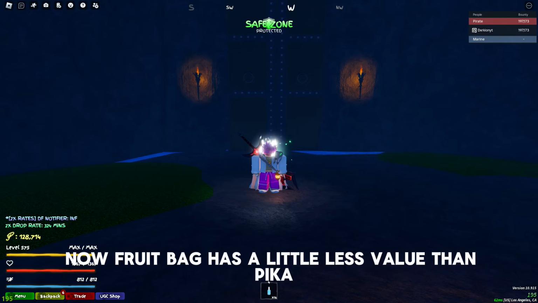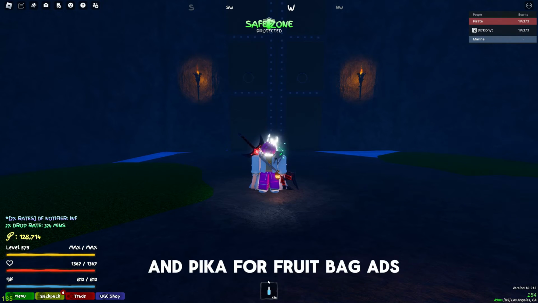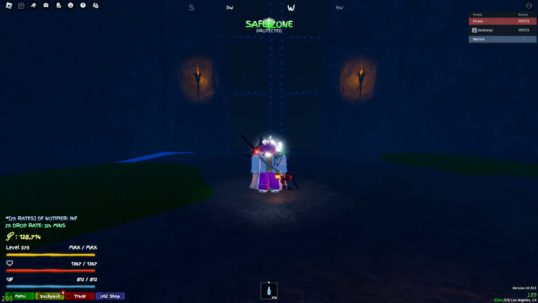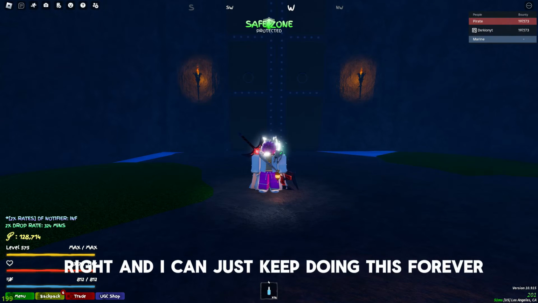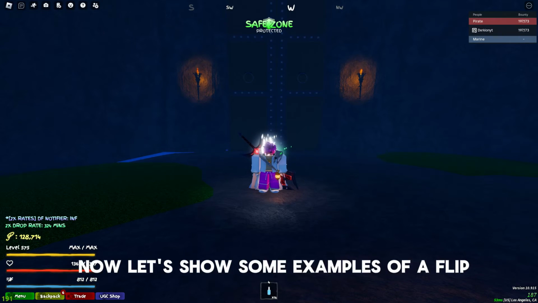Now, Fruit Bag has a little less value than Pika, as I said. I'll trade Fruit Bag for Pika, then Pika for Fruit Bag ads. Right? And I can just keep doing this forever. That's a flip. Just simple as that. Now let's show some examples of a flip.